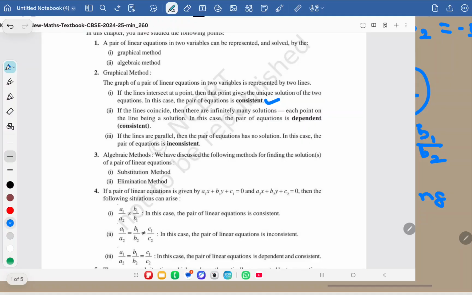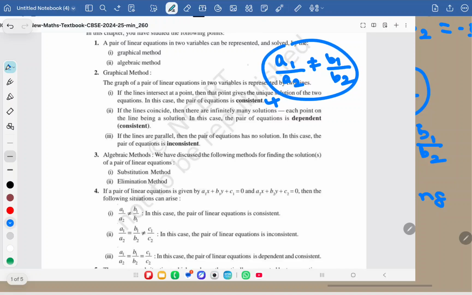For the first subdivision, the two lines intersect at a point. Therefore, we can say straight away the equation is consistent, because a1 by a2 is not equal to b1 by b2. This is the case for intersecting at a point.